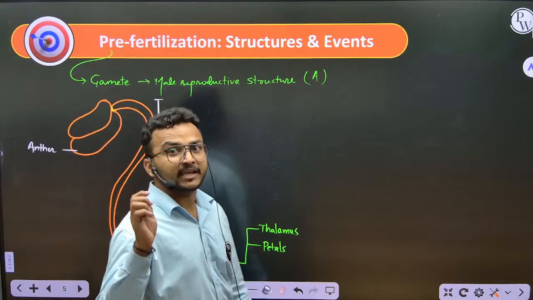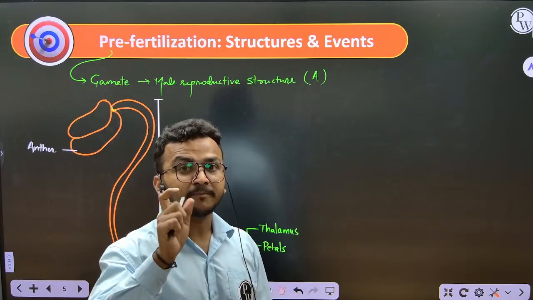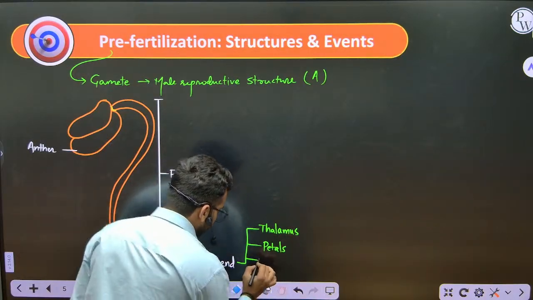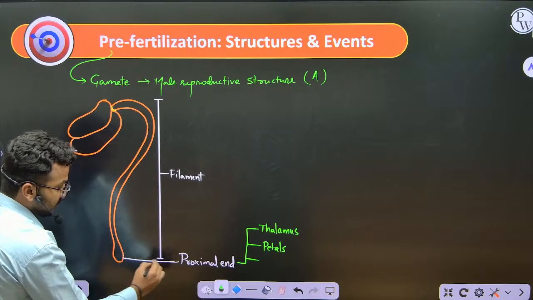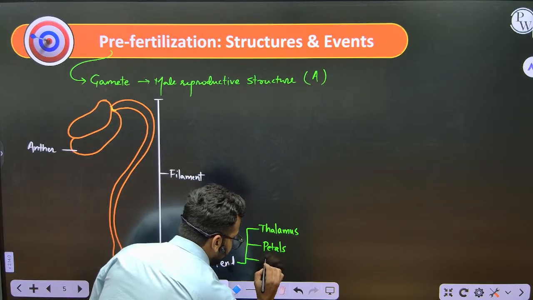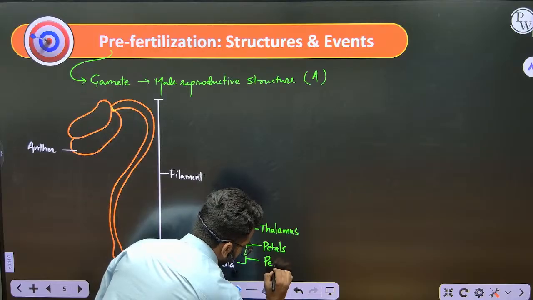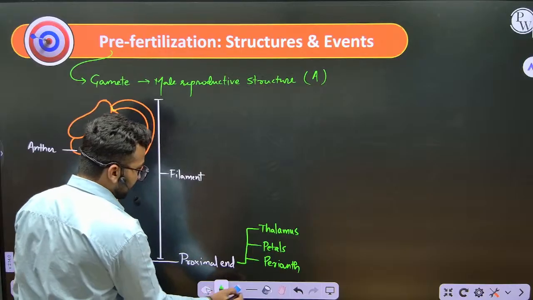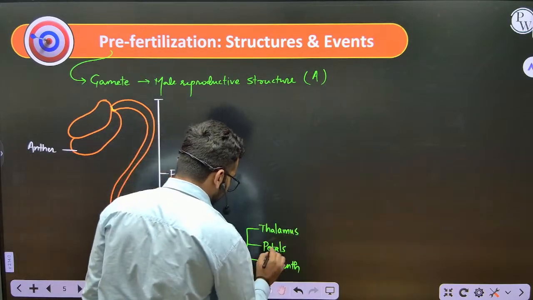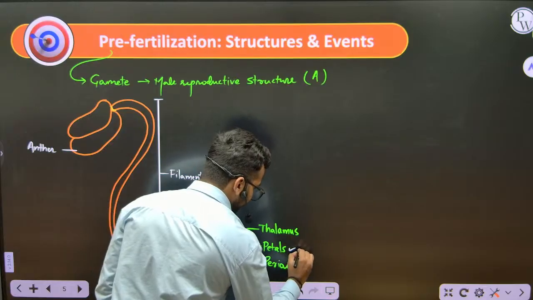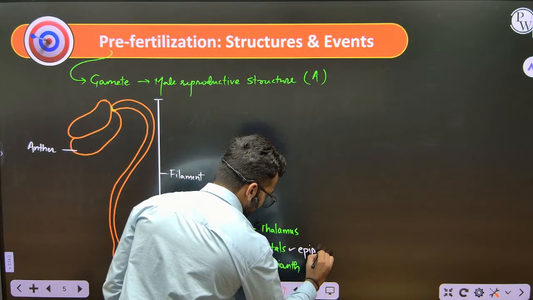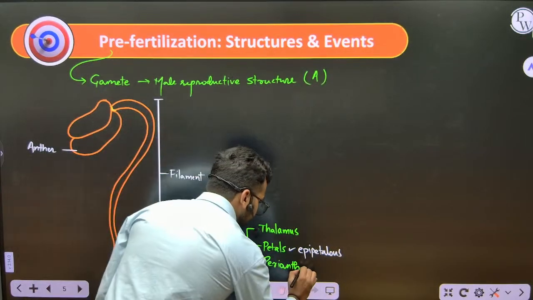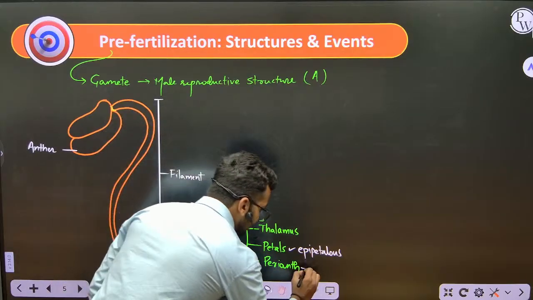And in lily-like flowers, the proximal end of the stamen is attached to the perianth, or tepal. If it is attached to the petals, we call this the epipetalous condition. If it is attached to the perianth, we call it epiphyllous.